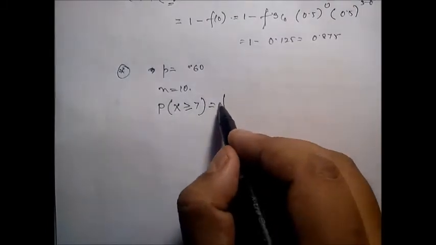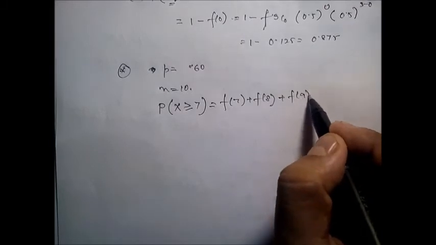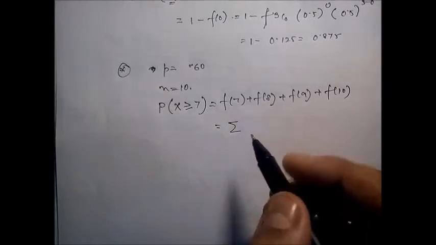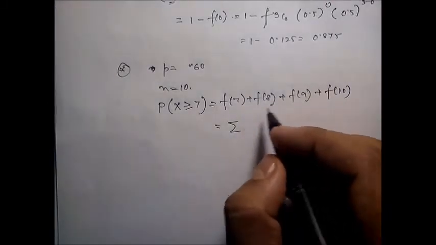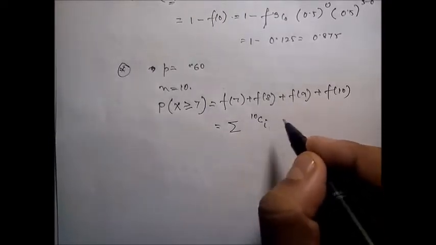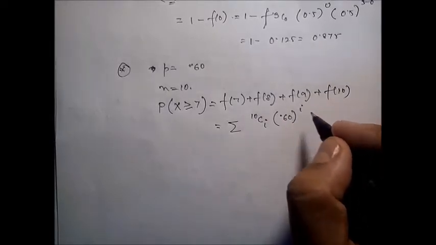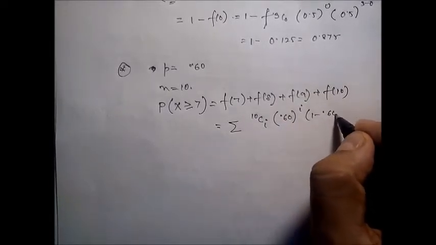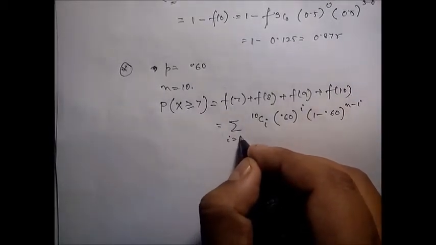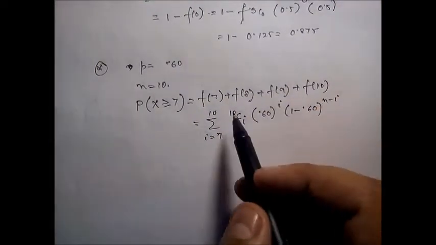That means the probability of 7, 8, 9 and 10. So the summation of the formula you already know, 10Cx (0.60)^x (1 - 0.60)^(n-x), where x equals 7 to 10.